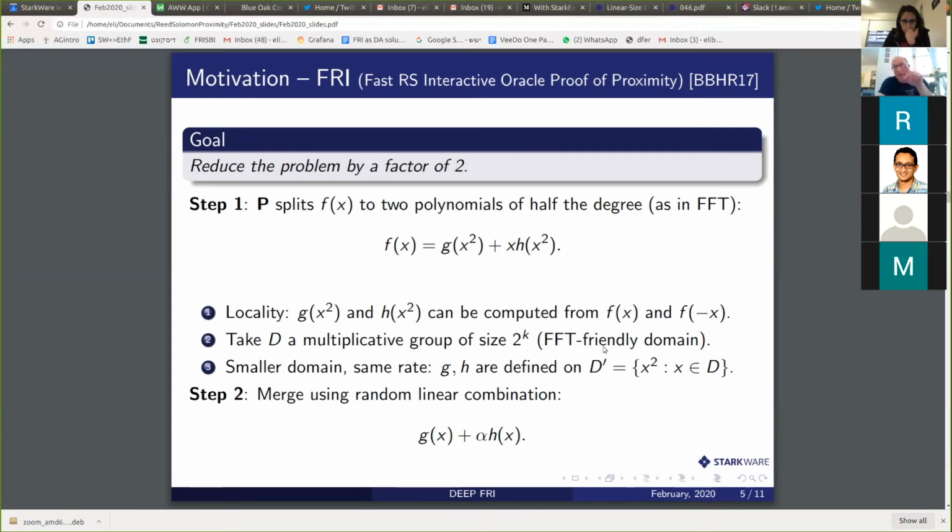So this is the FRI protocol. The prover has sent the first USB, which is an evaluation of the function f on the domain D. What the verifier does is sample a random alpha in the field and say, please, in your next USB stick, send to me the evaluation of G plus alpha H, so it's a random alpha linear combination of G and H, but evaluated only over the domain D prime.